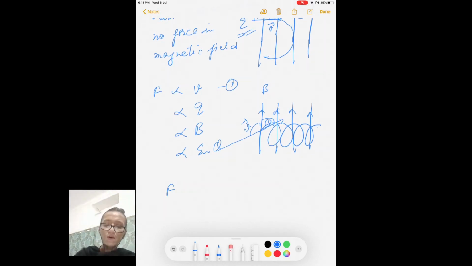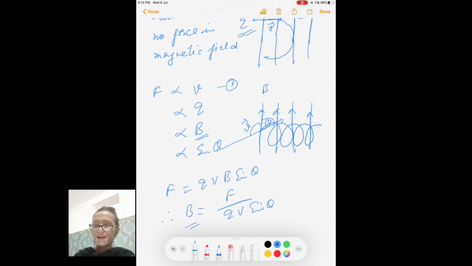So when you combine, this is also called actually Lorentz force. I will be doing Lorentz force in a different lecture, but this time I am defining magnetic field in terms of force. So F is equal to QVB sine theta. Therefore, B is equal to F upon QV sine theta.